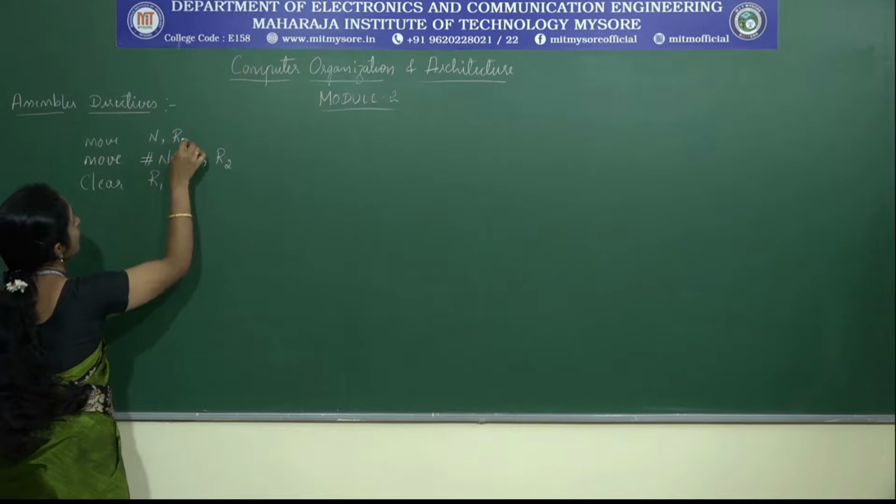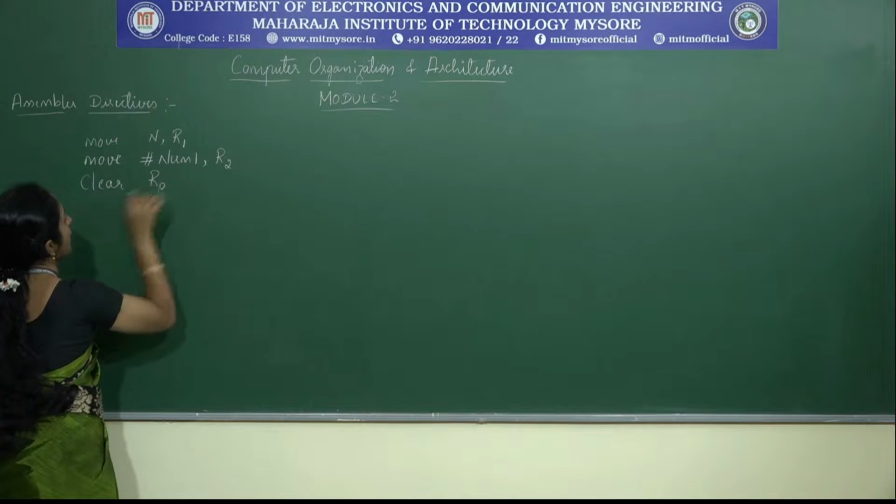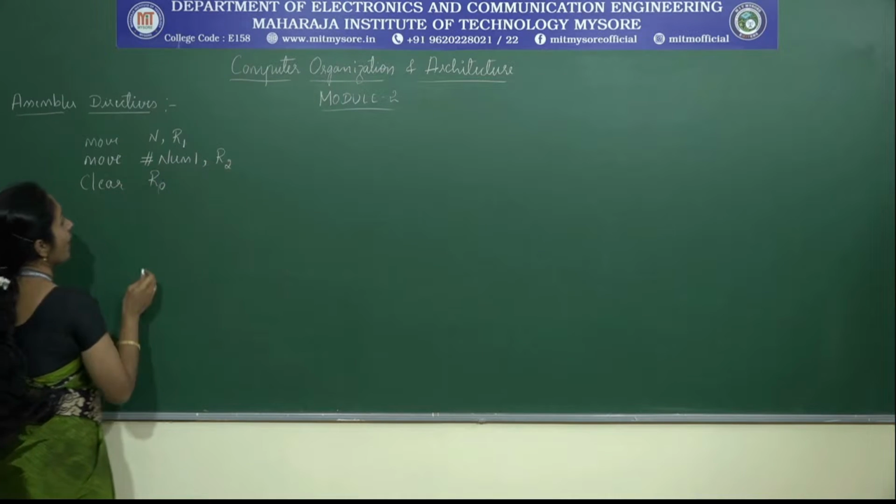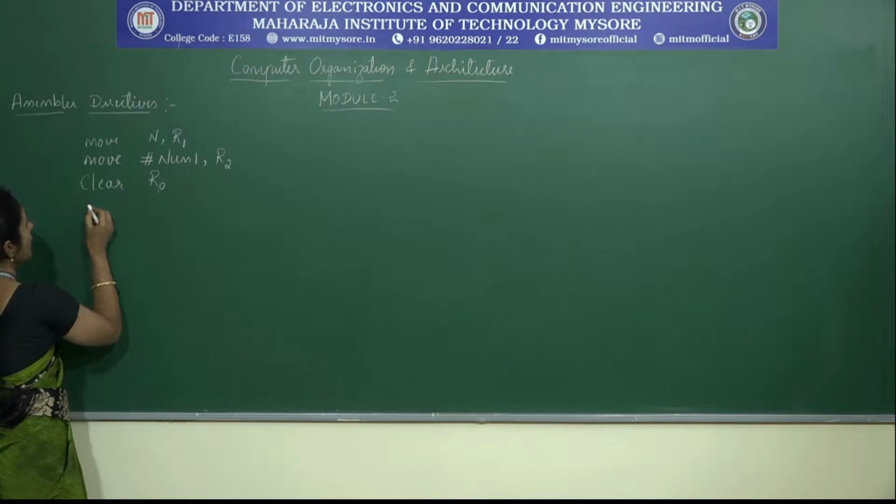Let this be R1, let this be R0. Move n comma R1, move hash num1 comma R2, clear R0.